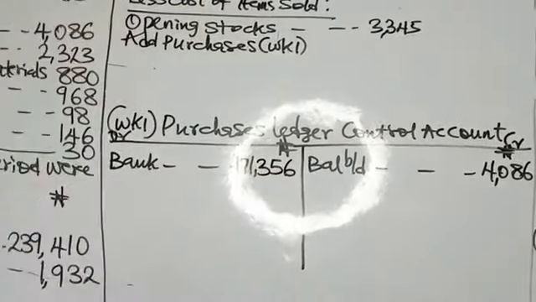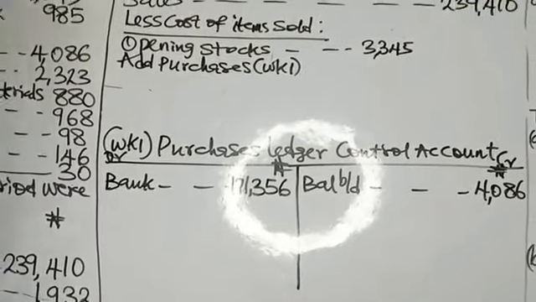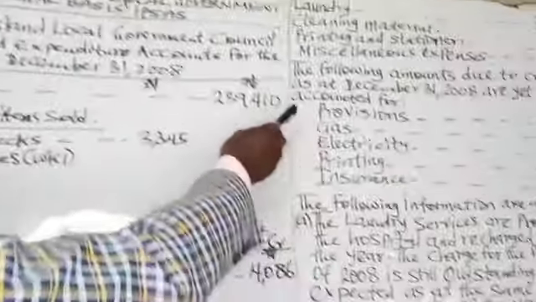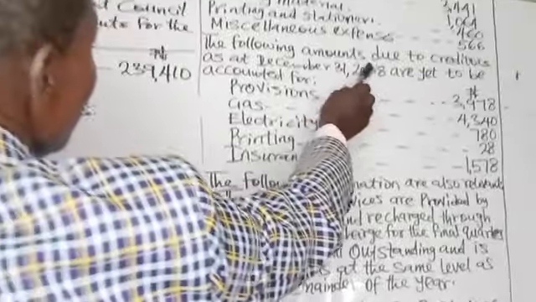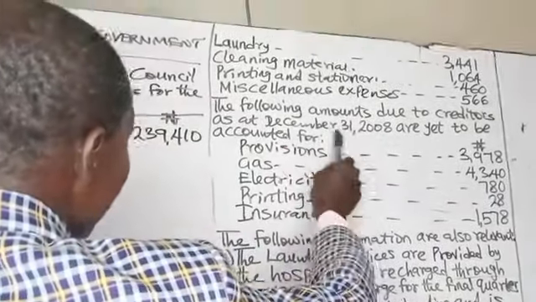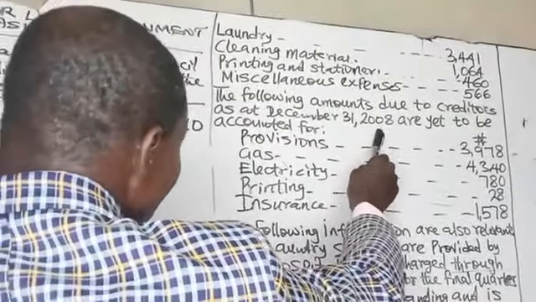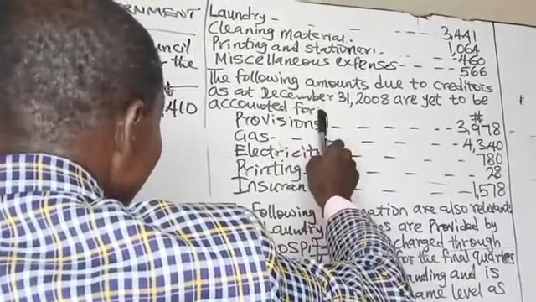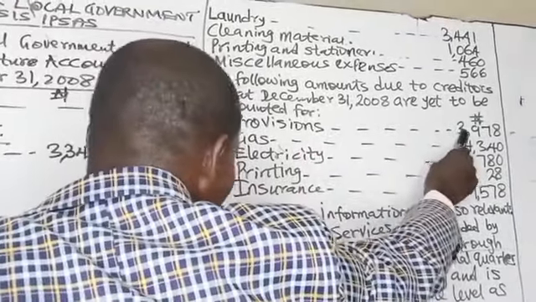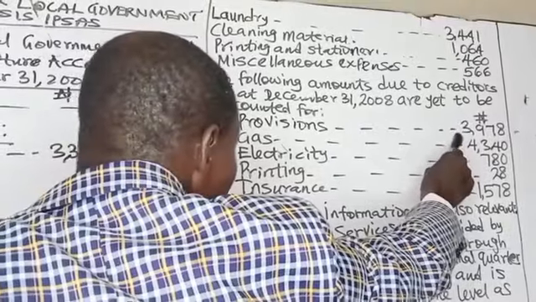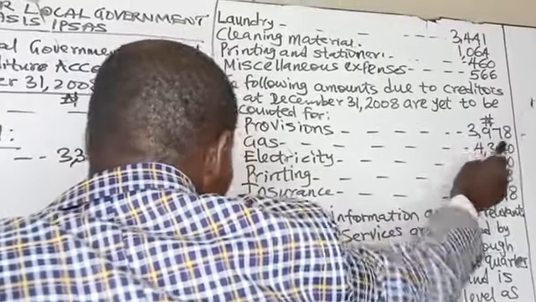How much is the closing balance? The following amounts due to creditors as at December 31st, 2008 are yet to be accounted for. We have provisions. This is the creditor at the end of the year, 3,978.